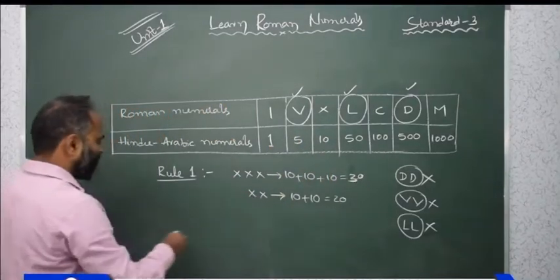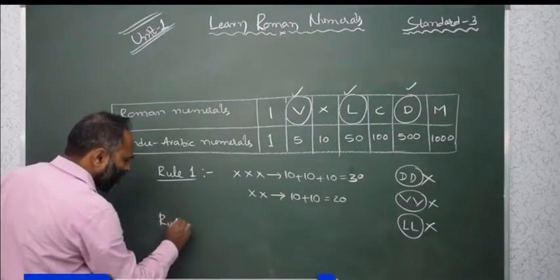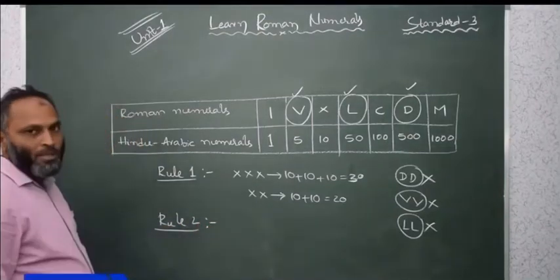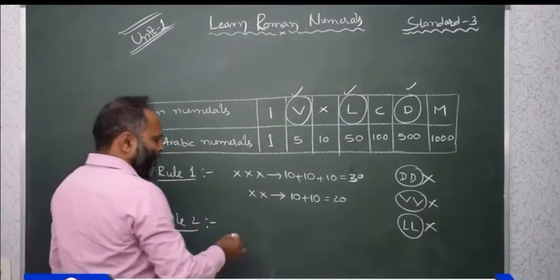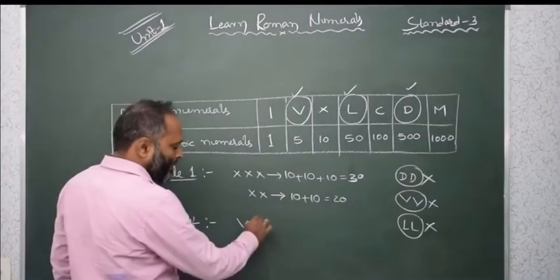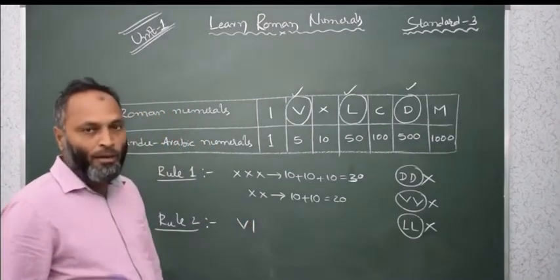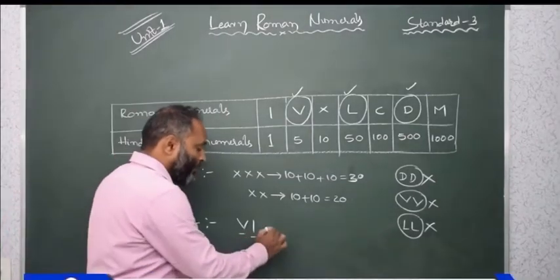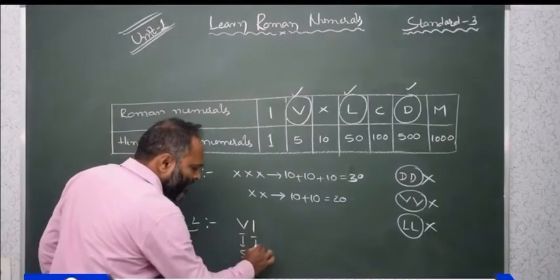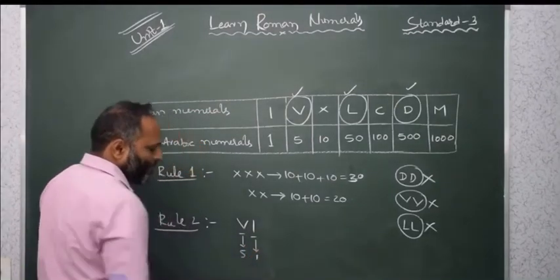Then the second rule. Suppose this is a Roman numeral and this is one more Roman numeral. These are the 2 Roman numerals. The first one represents 5 and the second one represents 1.